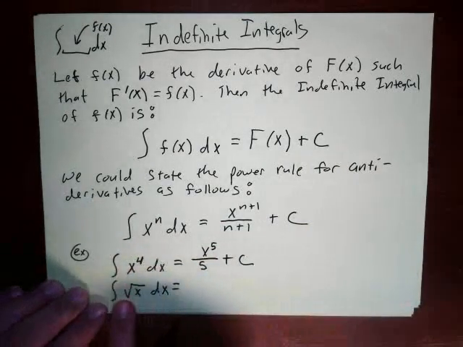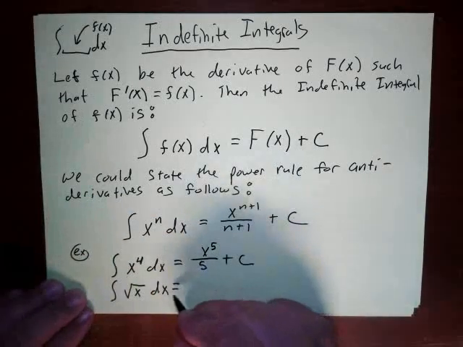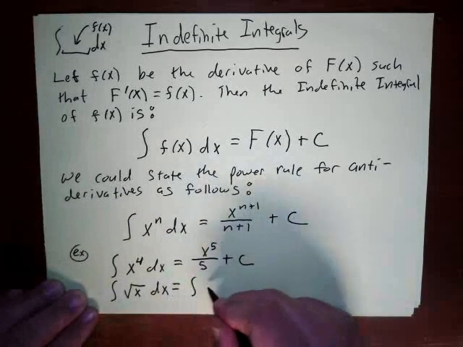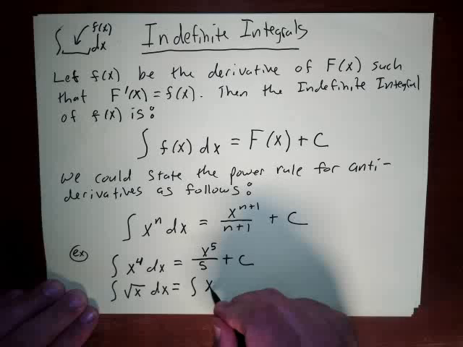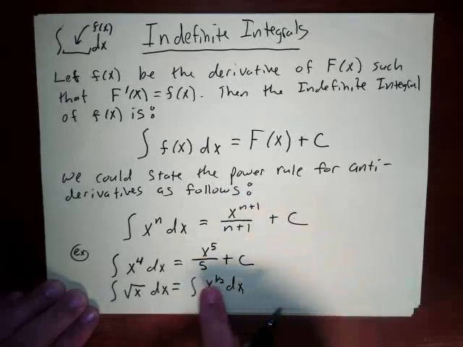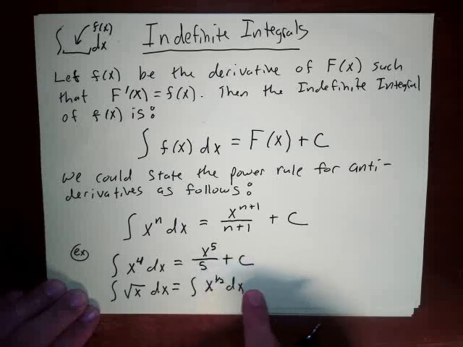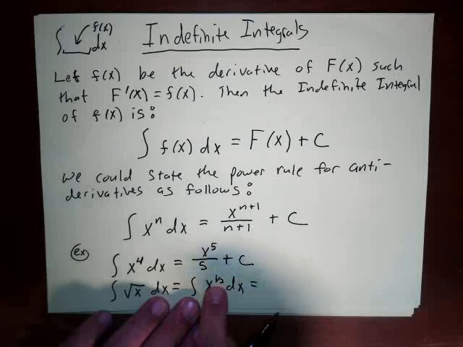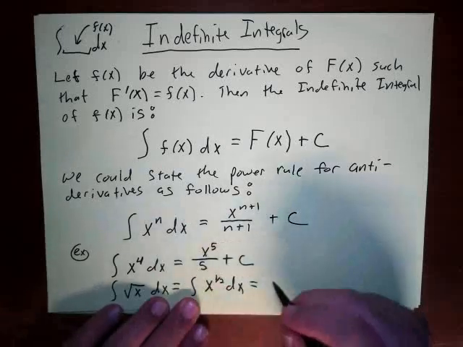Okay? Now if I'm going to do the indefinite integral of the square root of x, well, the square root of x is just x to the 1/2. So I'm going to integrate elongated s, x to the 1/2, with respect to x. Now I use the power rule here. If I add 1 to 1/2, I get 3/2.